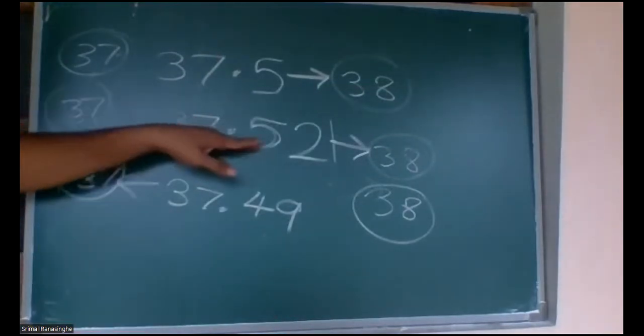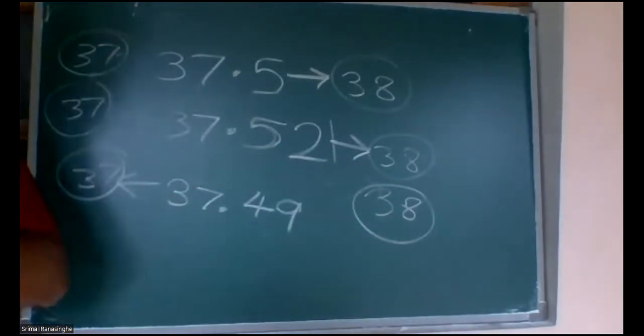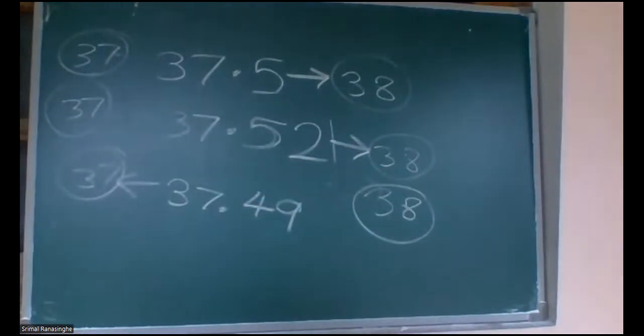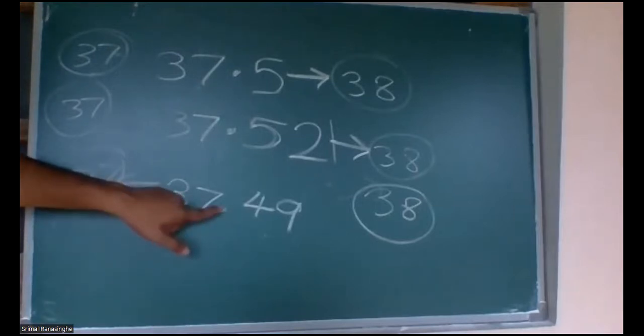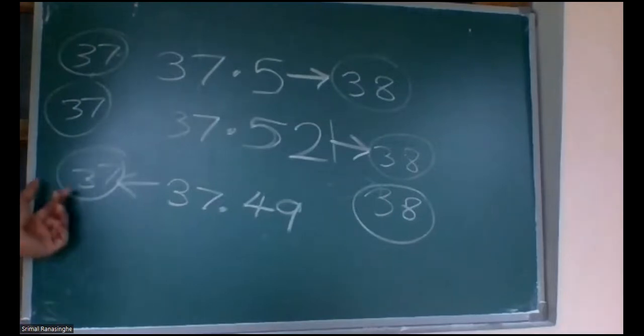And 37.52, nearest whole number is 38. And 37.49, nearest whole number is 37.